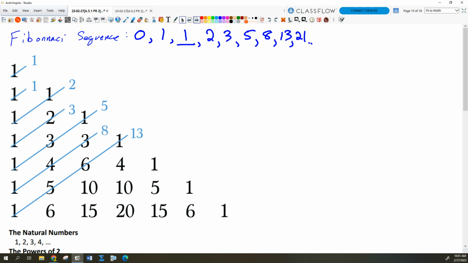Then you can build some diagonals that give you an interesting sequence. Look at this, if I add up diagonally here, I get a 1, a 2, a 3, a 5, an 8, a 13. That looks pretty random, but have you guys ever heard of that sequence before? Those are just the terms in what's called the Fibonacci sequence.